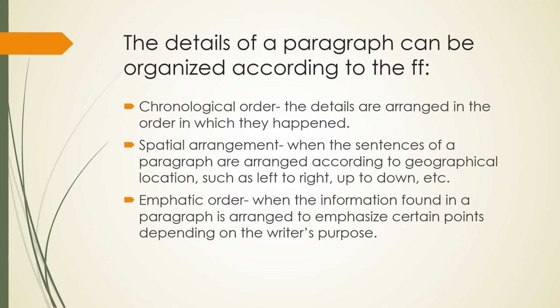Meanwhile, spatial arrangement is when the sentences of a paragraph are arranged according to geographical locations such as left to right, up to down, and so on. Finally, emphatic order is when the information found in a paragraph is arranged to emphasize certain points depending on the writer's purpose.